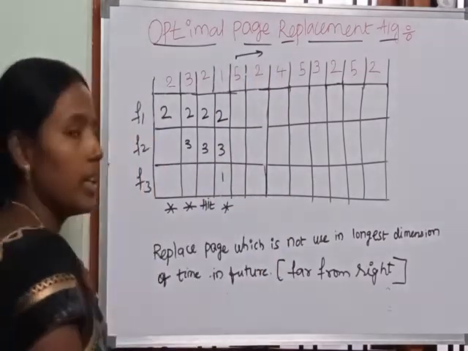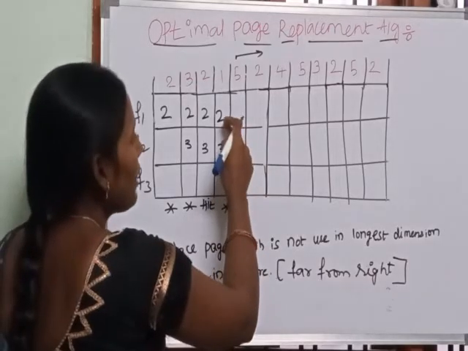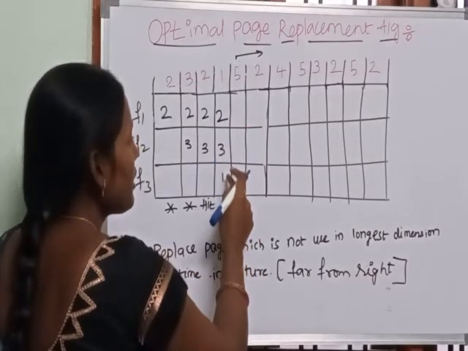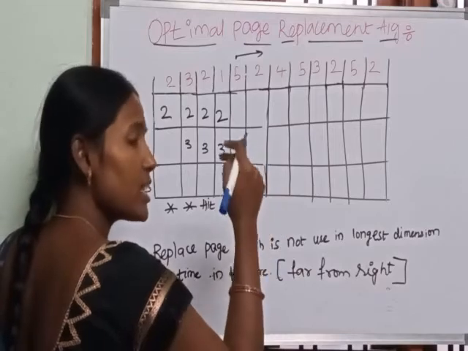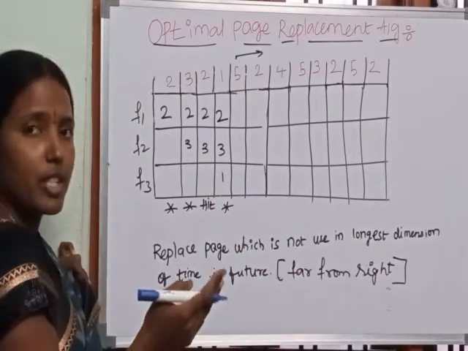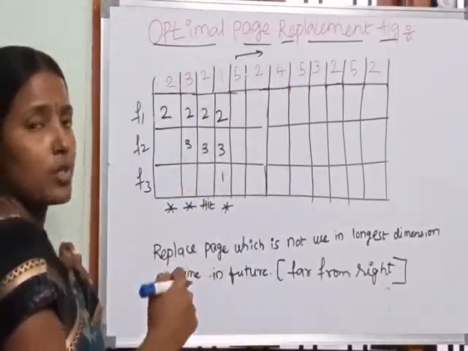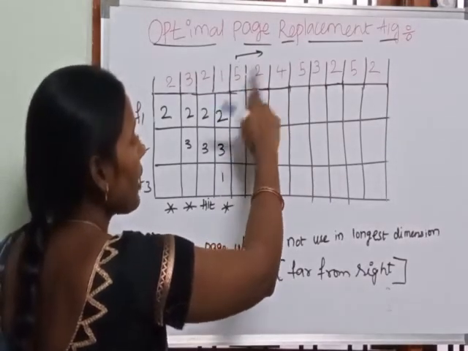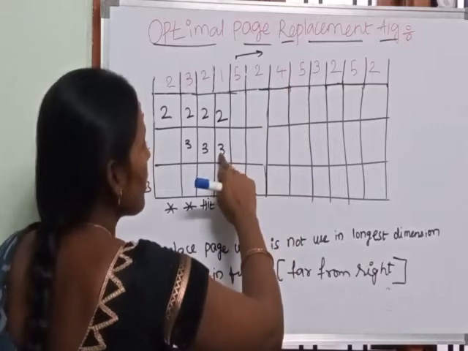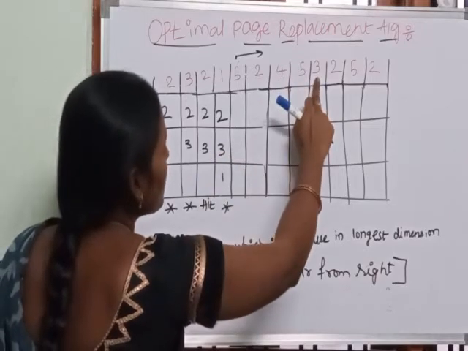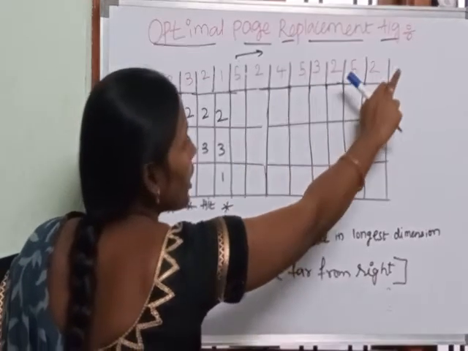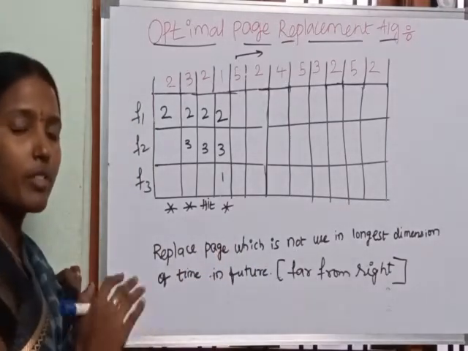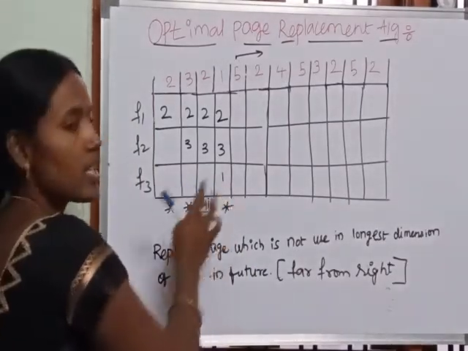Out of the available pages 2, 3, 1, check which one is used last. 2 is near to the 5 only. 4 is not there, so next consider 3. 3 is here. But 1 is not used in the future at all. So which one has to be replaced? 1 has to be replaced.